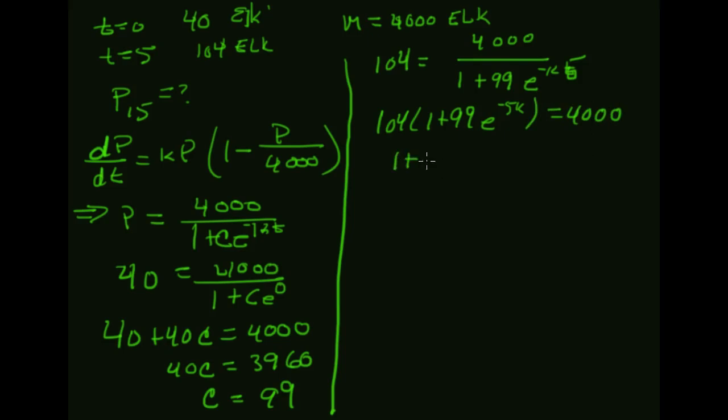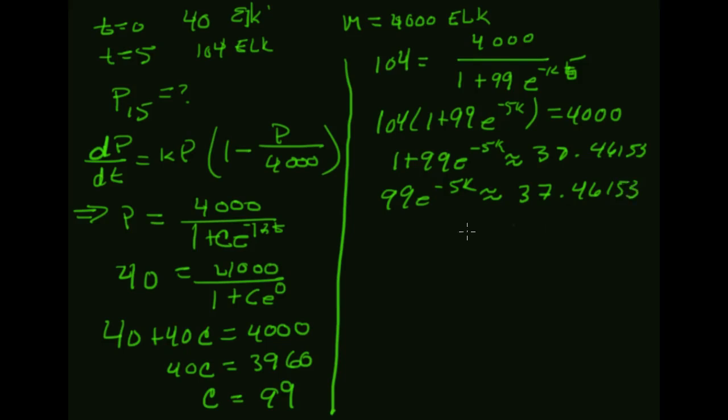This means 1 plus 99 times e to the negative 5k is approximately 38.46153, which means 99 times e to the negative 5k is approximately 37.46153.